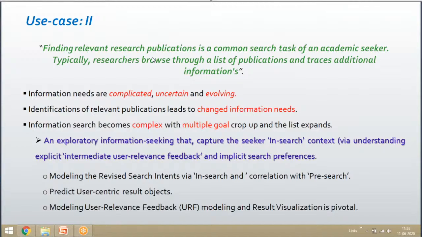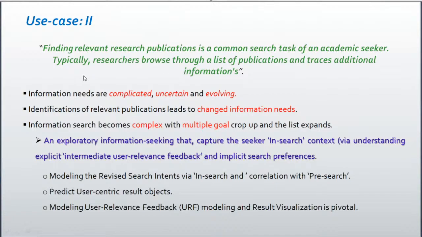So this is basically the state we are discussing in the search context. During this case, the information needs are complicated, because you are typing a keyword, machine learning.